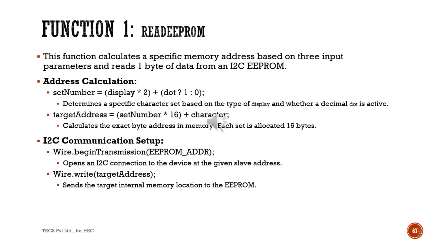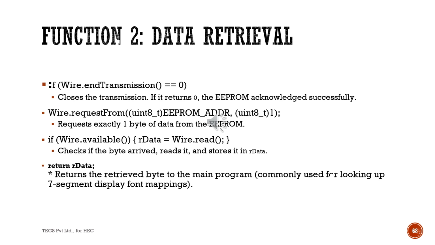The I2C communication setup: Wire.beginTransmission opens an I2C connection to the device at a given slave address. Wire.write sends the target internal memory location to the EEPROM. Function 2, data retrieval: Wire.endTransmission equal to 0 closes the transmission; it returns 0 if the EEPROM acknowledges it successfully.